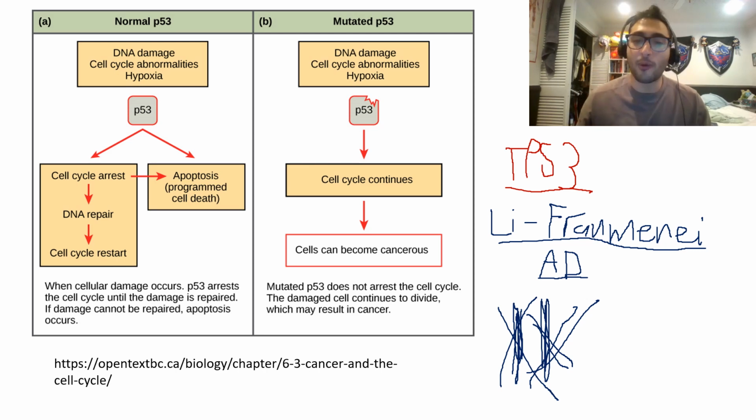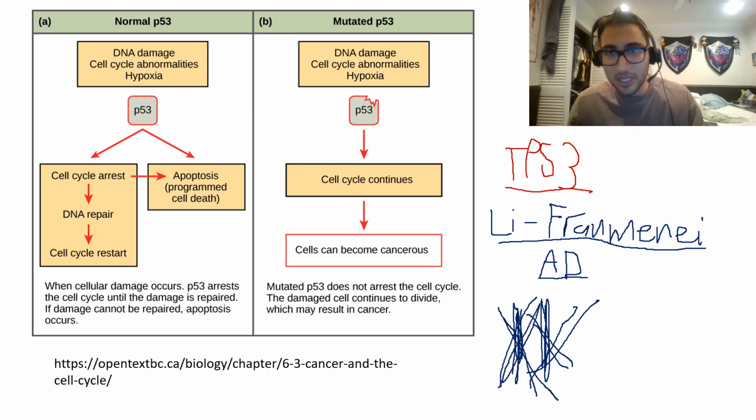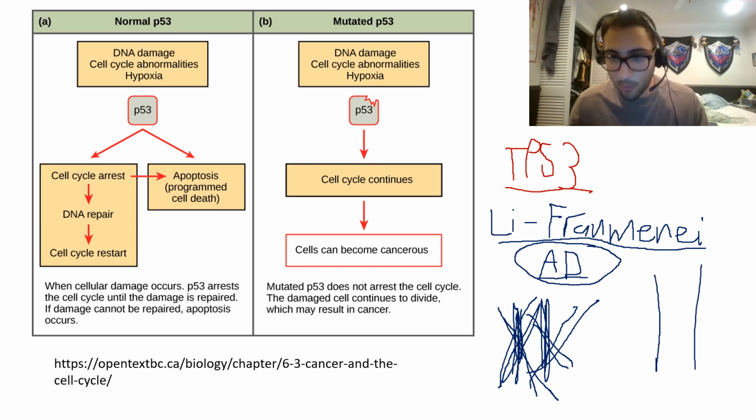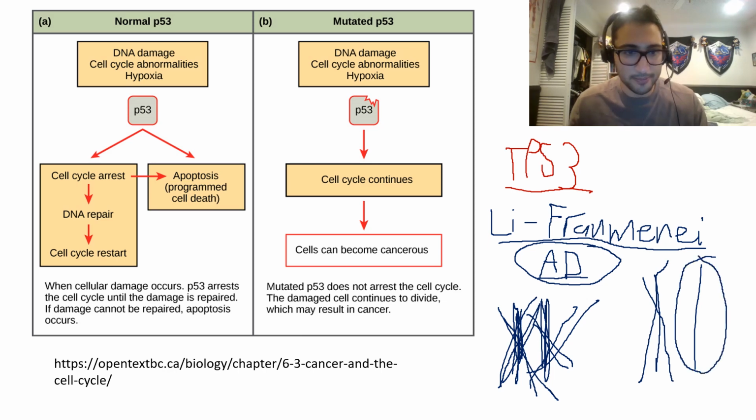However, the reason why this is autosomal dominant in inheritance, even though you need to lose both copies to get cancer with a tumor suppressor, is that once you've already lost one, the odds of losing another in any one of the cells in your body at any point in your lifetime is pretty high. So it's effectively autosomal dominant. All right, so the tumor suppressor genes are autosomal dominant. Why? Because there's a two-hit hypothesis. If you're born already having one hit, it's easier to lose the other one.